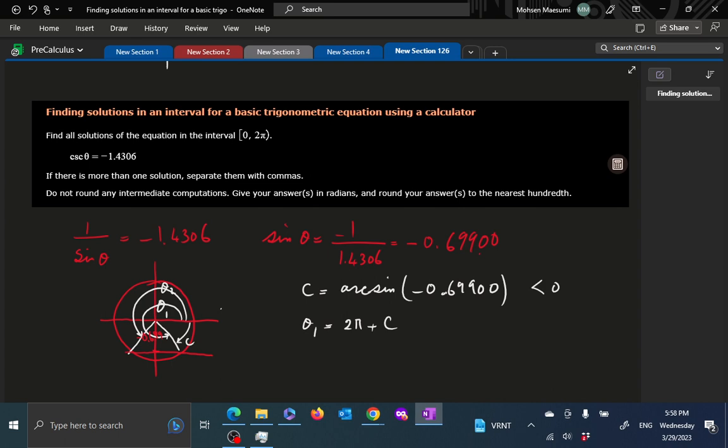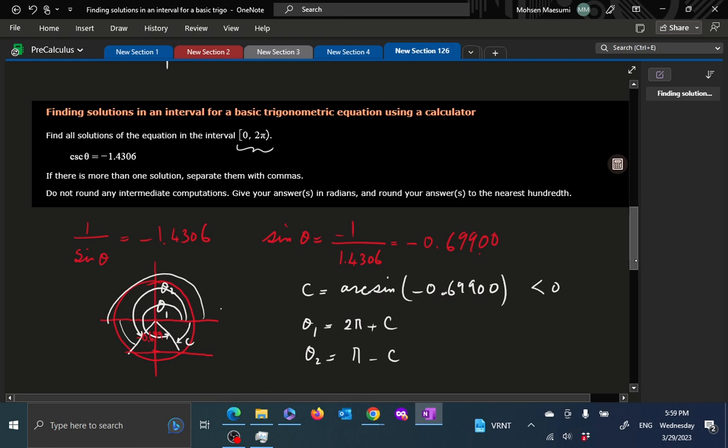The issue is that it's going to be a negative quantity. This problem insists angles between 0 and 2 pi, so it has to be positive. So 2 pi plus c gives me theta 1. How about theta 2? Here's a pi, and this angle is negative of c. So pi minus c gives me the angle I want. I calculate these two and I'll be all done. So theta 1 and theta 2 are my answers.